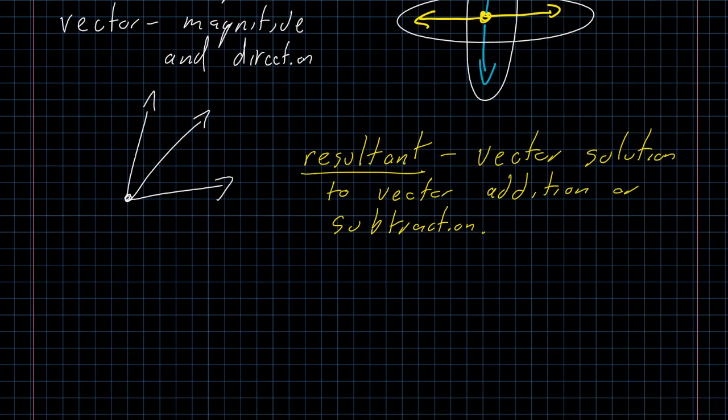The next thing we need to do is establish some notation, some convention for describing the direction that a vector is pointing. And so mathematicians invented a concept known as standard position.